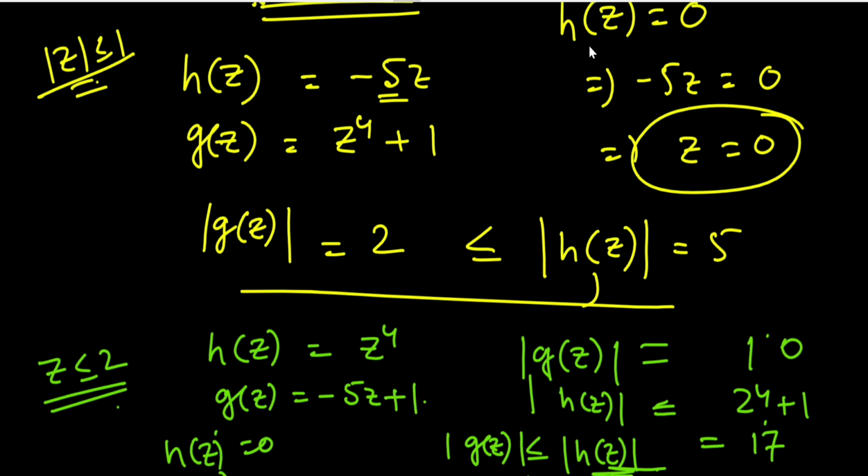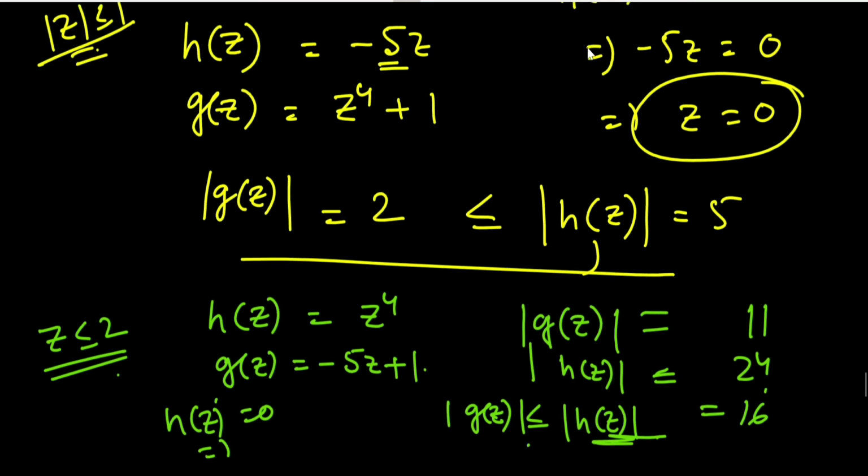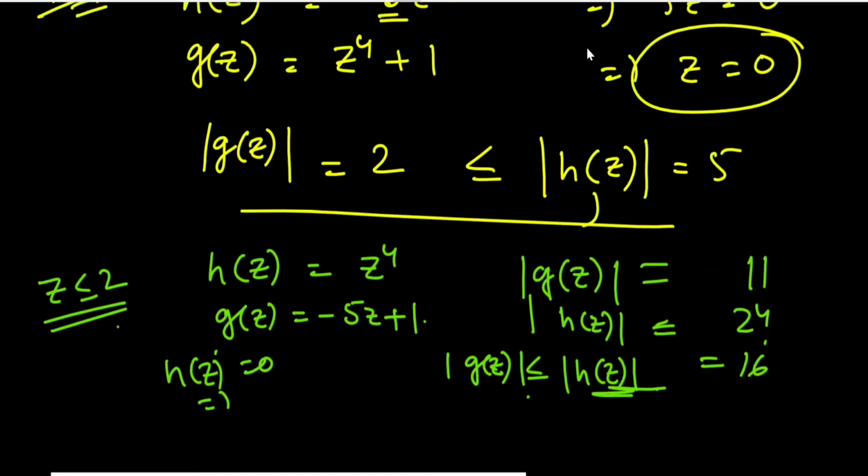Putting |h(z)| equal to 0 gives z to the power 4 equal to 0, so the number of zeros is 4.